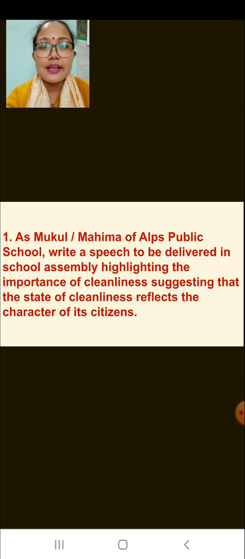Now children, here is the question. For example, it is here the question on the speech. The question is, as Mukul Mahima of Alps Public School, write a speech to be delivered in the school assembly highlighting the importance of cleanliness, suggesting that the state of cleanliness reflects the character of its citizens.